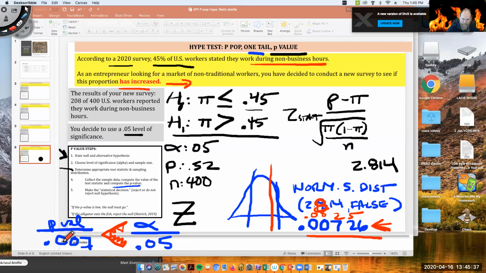Now, if the p-value was, let's just paint the extreme, 0.25, after we were done with our computation, then the alligator would eat this side. Is the p-value lower than the alpha? Well, it's not. It's greater than. So we would not reject the null under this situation right here.